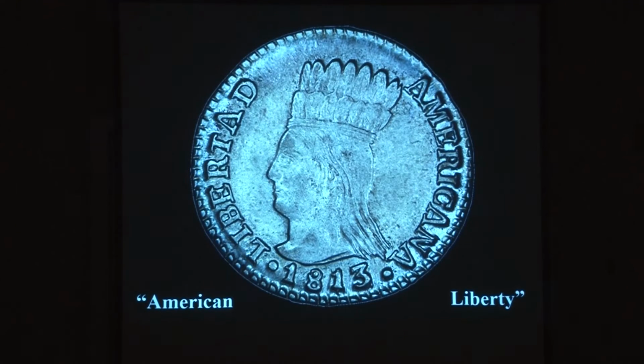Let's take a closer look at the obverse. Here it says Libertad Americana, American Liberty. This happens to be one from 1813, but they go back to 1812. This one is in very, very good shape, so you can really see the details of the feathers and the headband and the like.